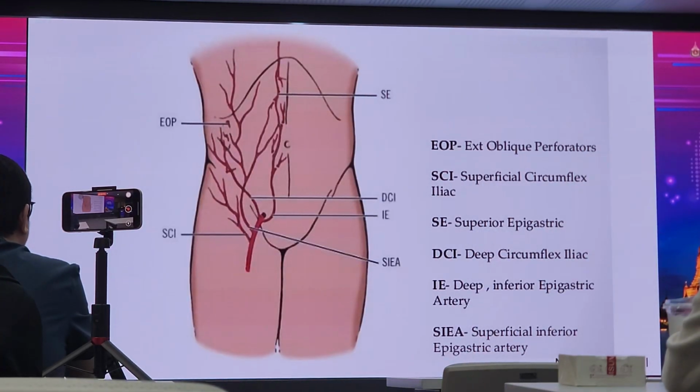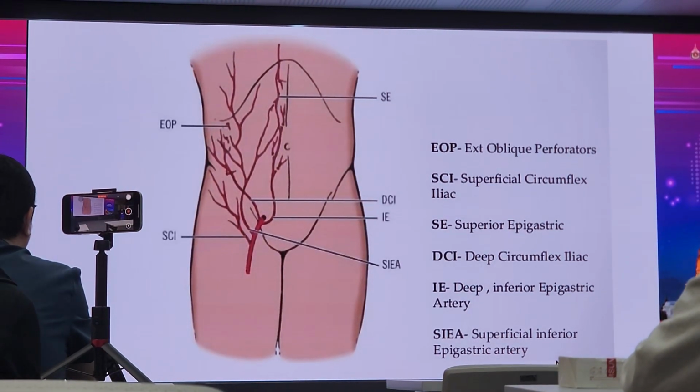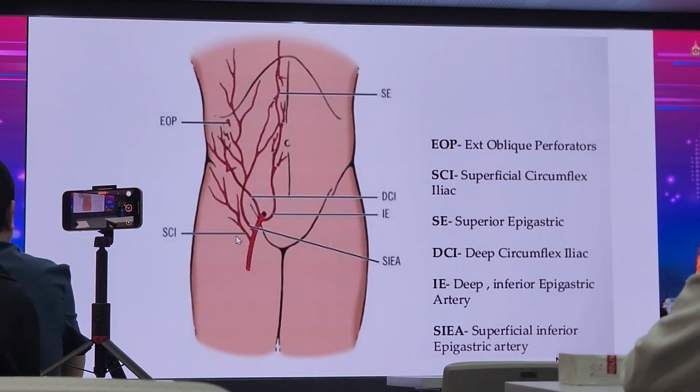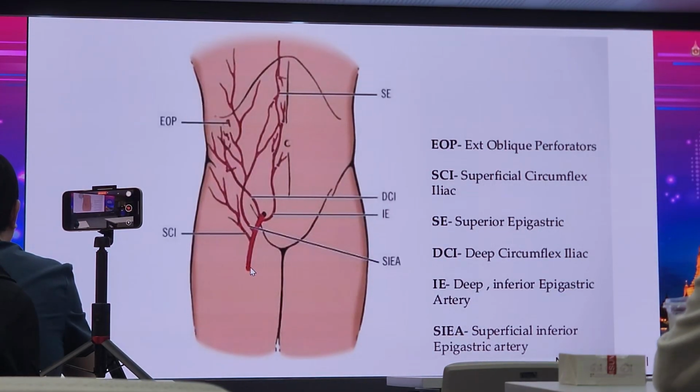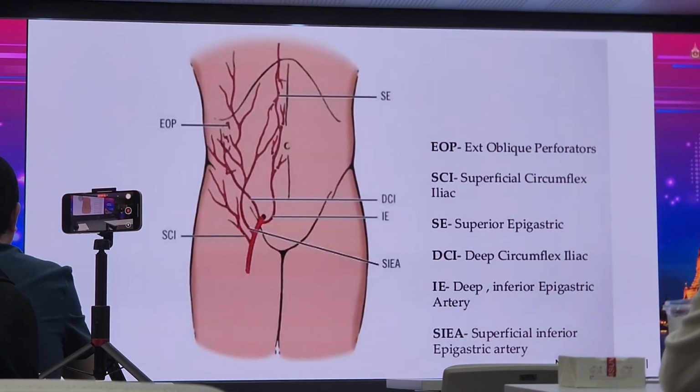From the abdominal aorta, it branches into the common iliac arteries. The common iliac arteries branch into the external iliac artery and internal iliac artery. And if you forgot, the external iliac artery will pass under the inguinal ligament and then become the femoral artery. So this is the same vessel with different names.